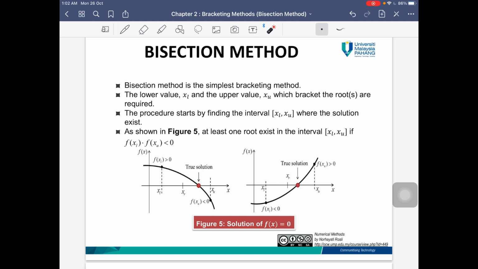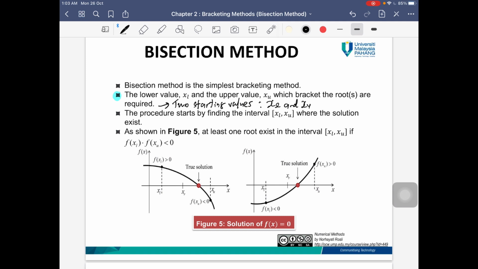It means that the first thing, in order to use the bisection method, is that it requires two starting values, which are x lower and also x upper.